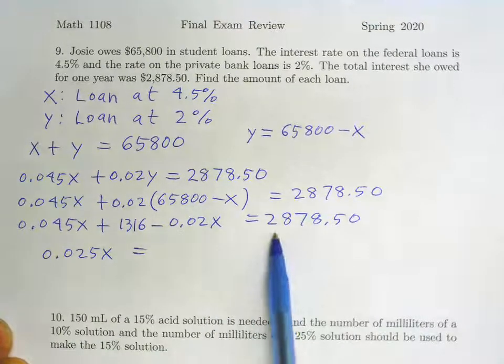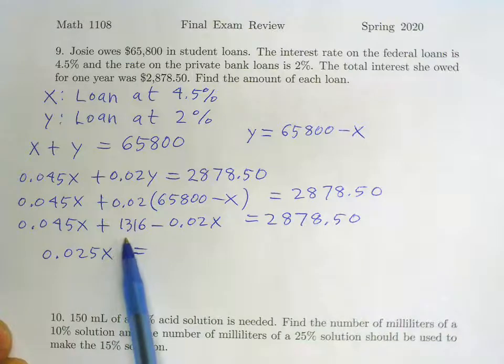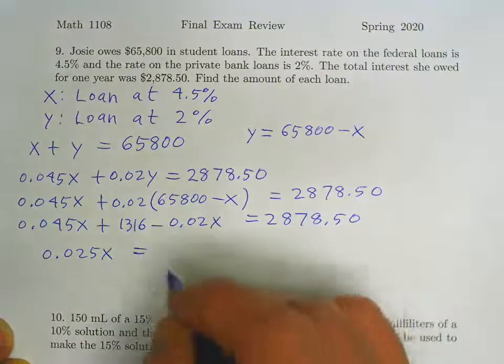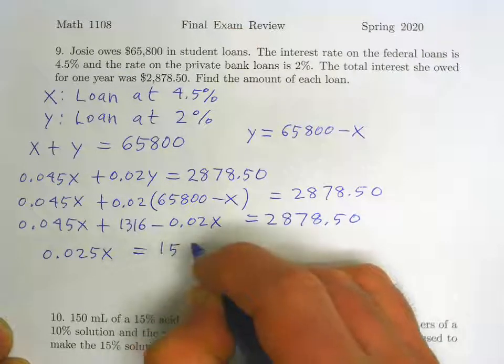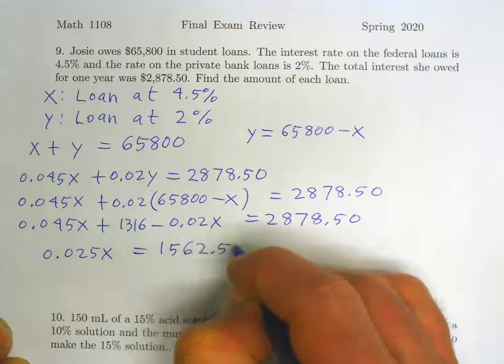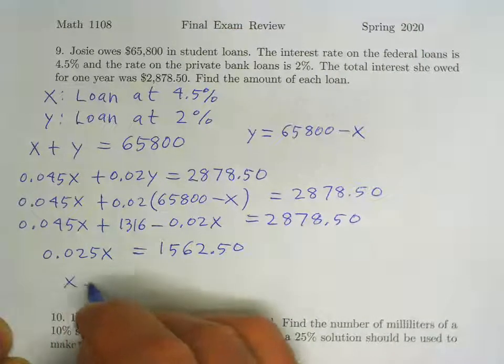And then $2,878.50 minus $1,316 is going to be $1,562.50.